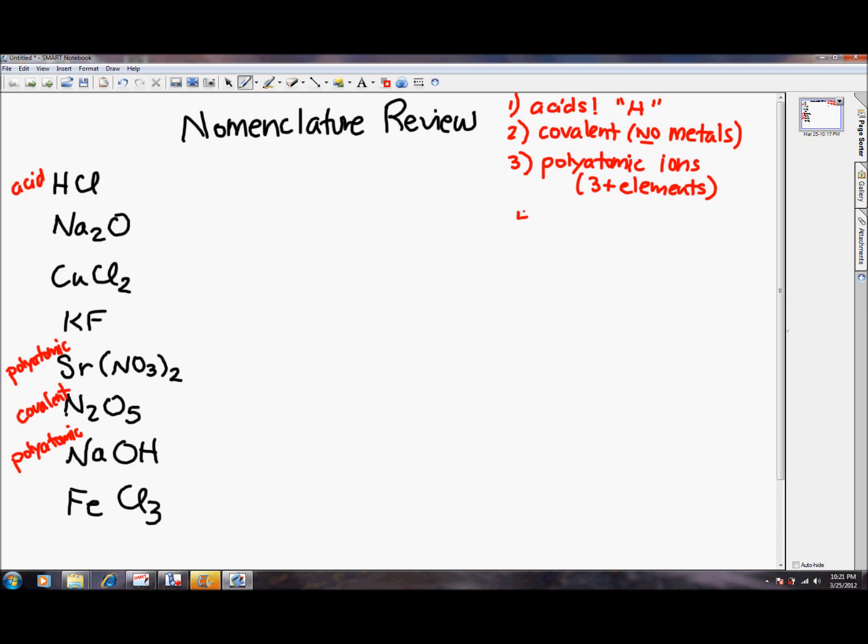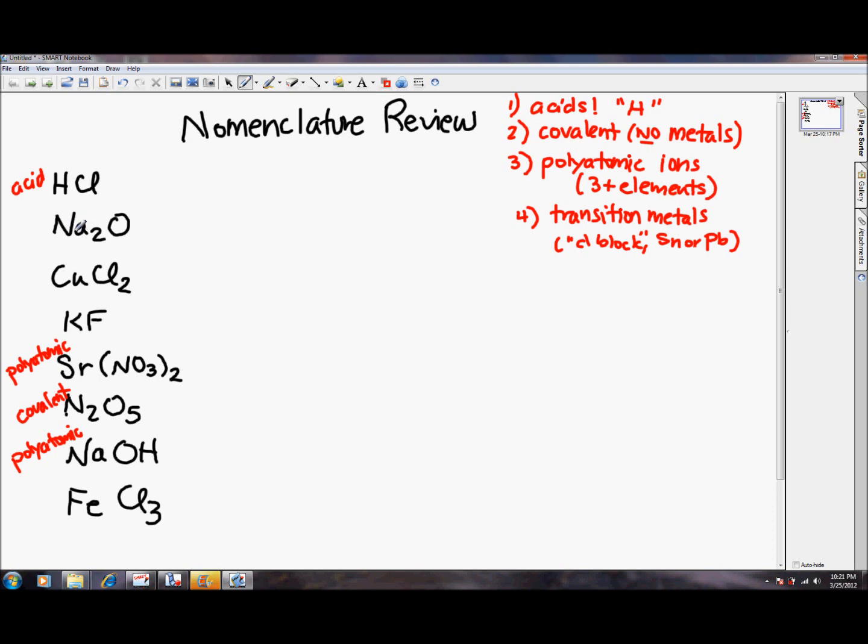Okay, next is transition metals. These are elements that are in the D block, or tin or lead, Sn or Pb, are going to be treated just like any other transition metal.